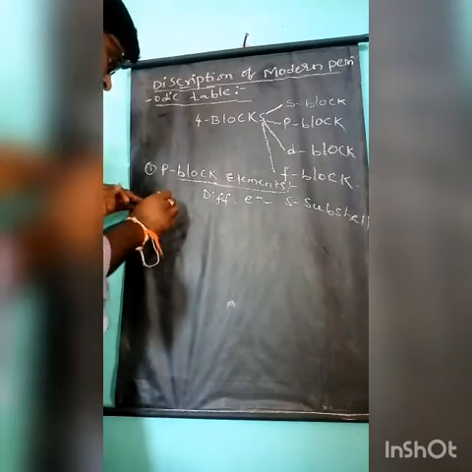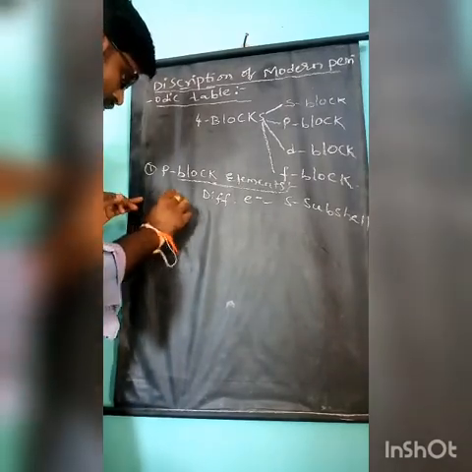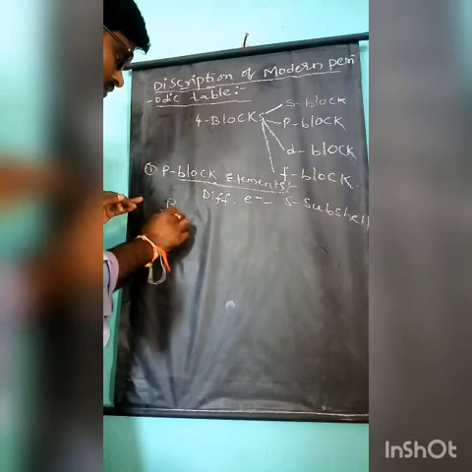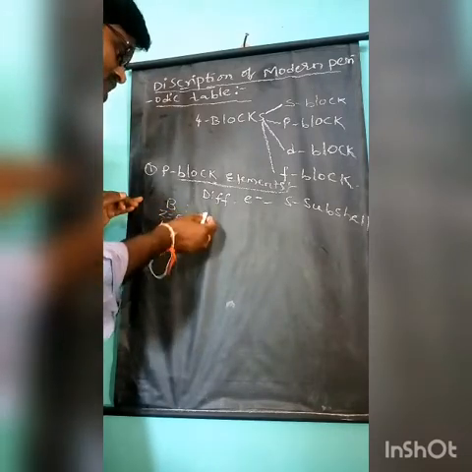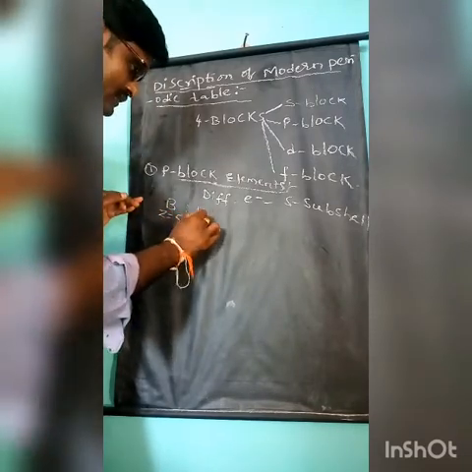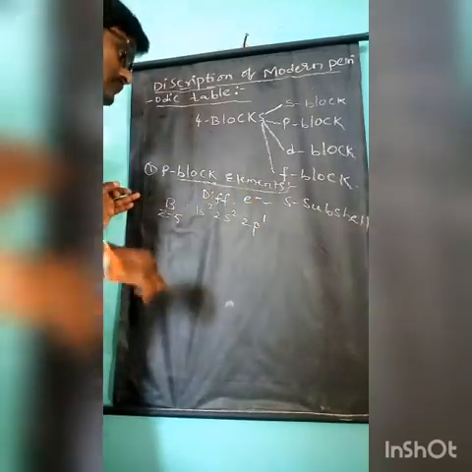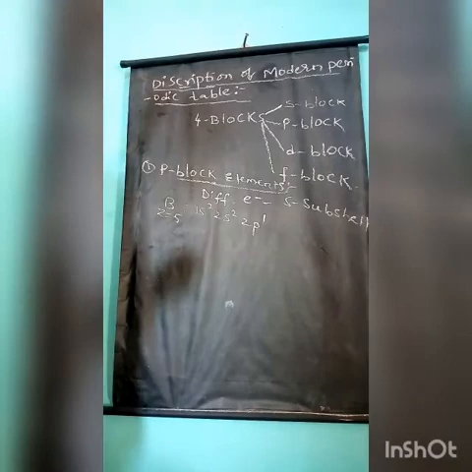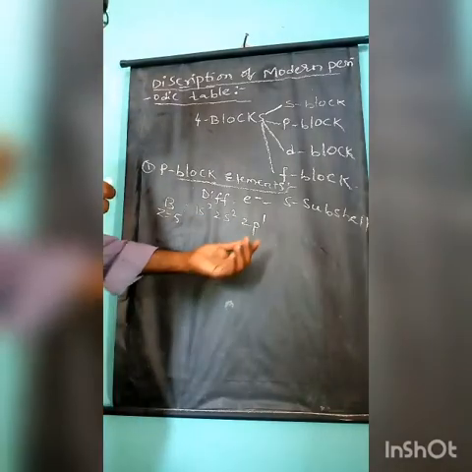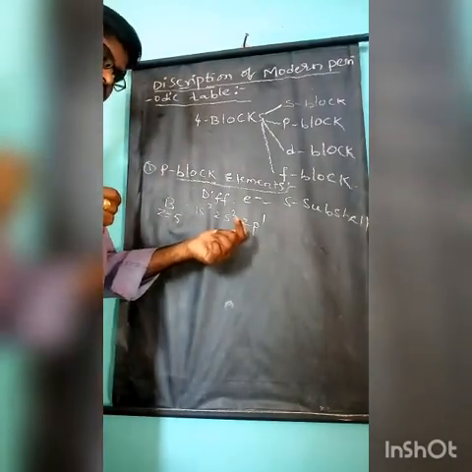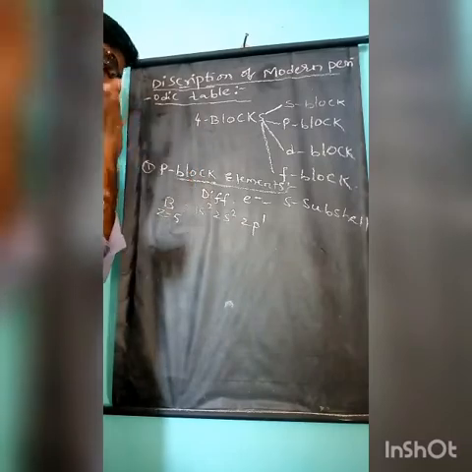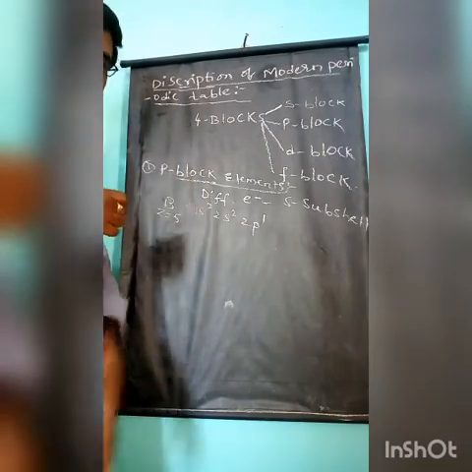For example, take boron. Its atomic number is 5. The 5 electrons enter as 1s2, 2s2, 2p1. So the last coming electron, the differentiating electron, enters into the p subshell. That's why boron belongs to the p block elements.